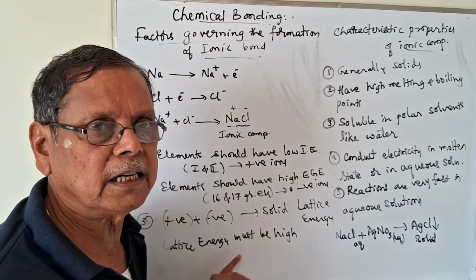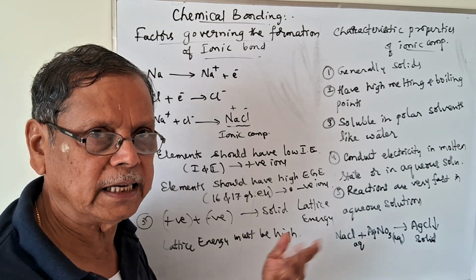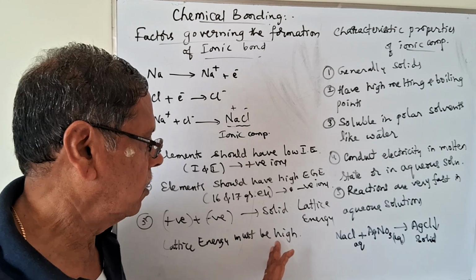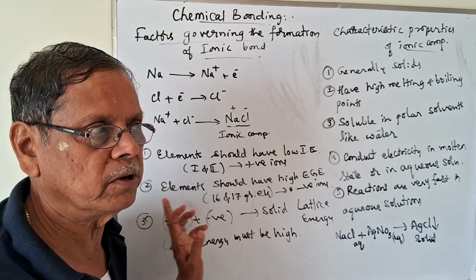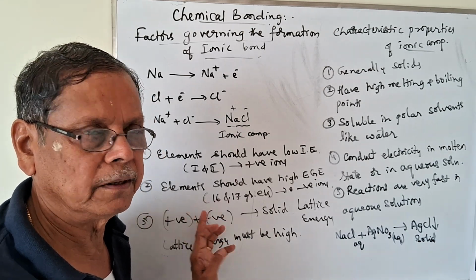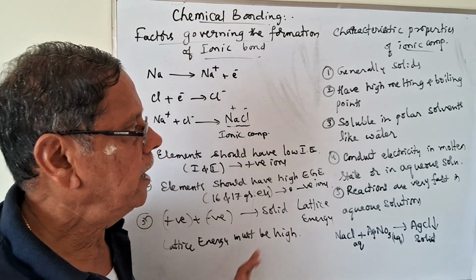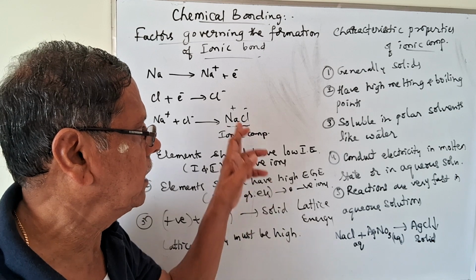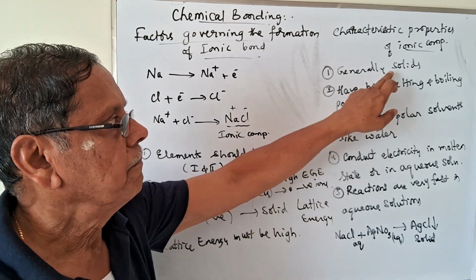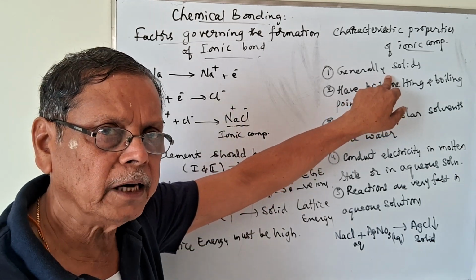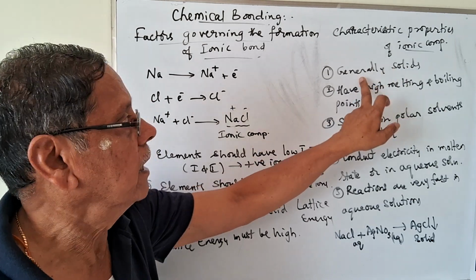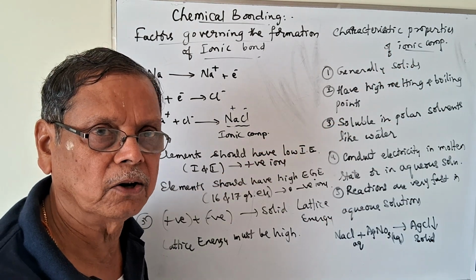If this lattice energy is more, that is, the energy released is more when the solid is produced from the gaseous isolated atom ions, then the compound will be highly stable. And because the ionic compound contains positive and negative ions, they are generally held by strong attractive forces. They exist in the solid state.